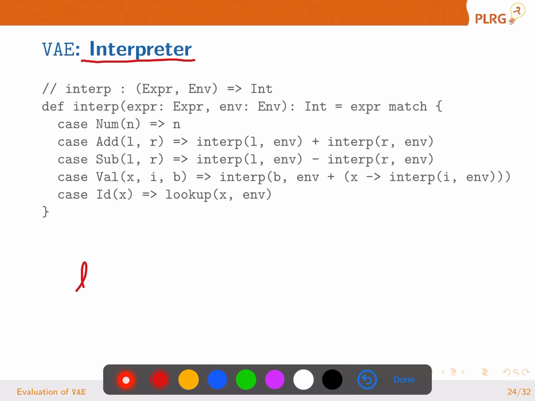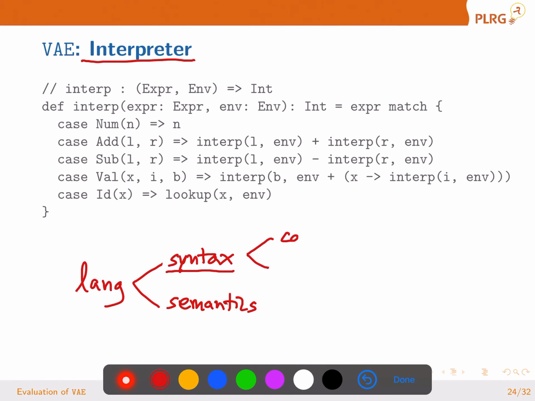One more time, a language has syntax and semantics. Syntax describes what it looks like. Especially there are 2 kinds of syntax, concrete syntax and abstract syntax. Concrete syntax is more like how you type it on your keyboard.